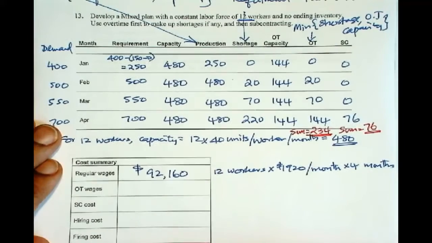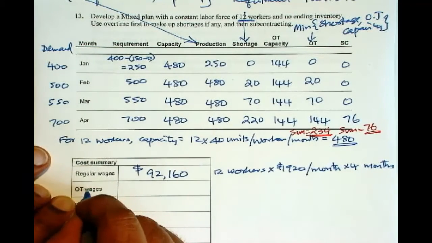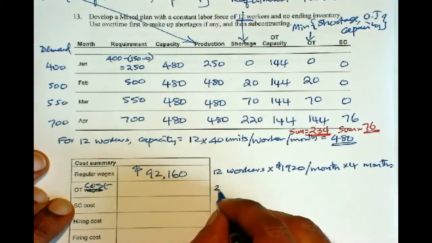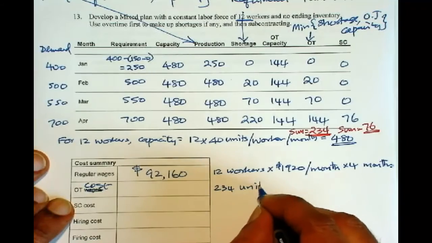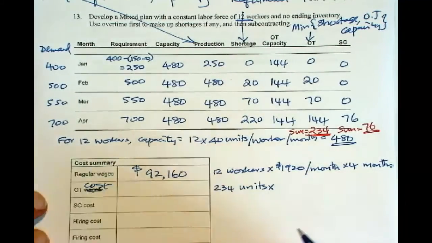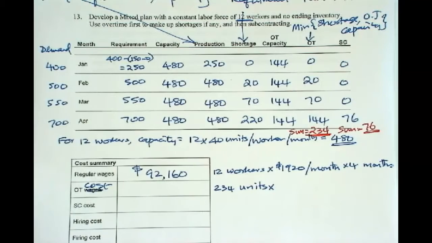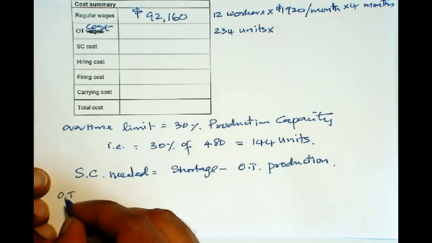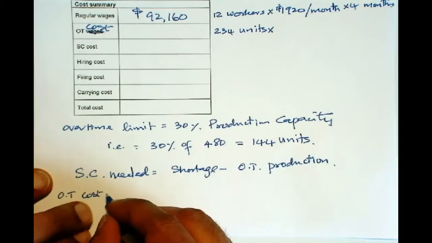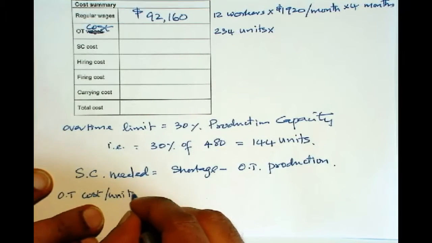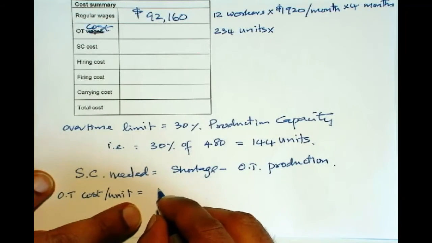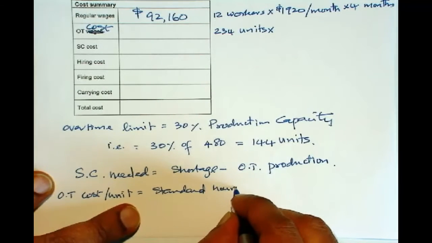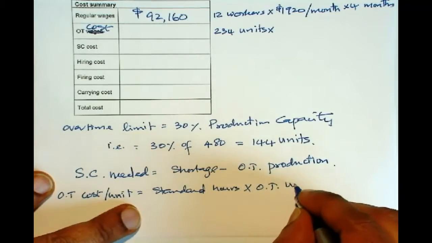The overtime wages or overtime cost, let's call that cost. Overtime cost is for 234 units times what is the cost of production in overtime. So let's calculate that here. Overtime cost per unit is standard hours times overtime wage rate.